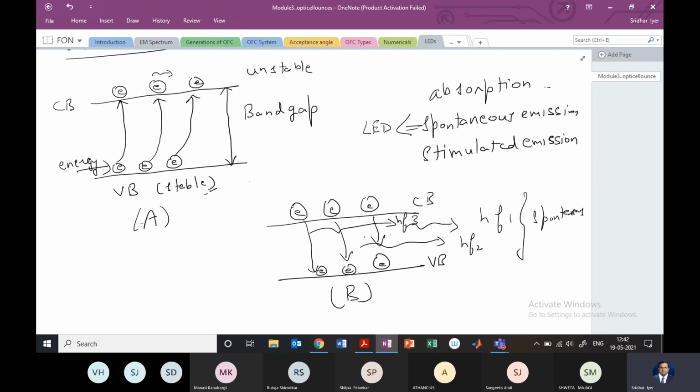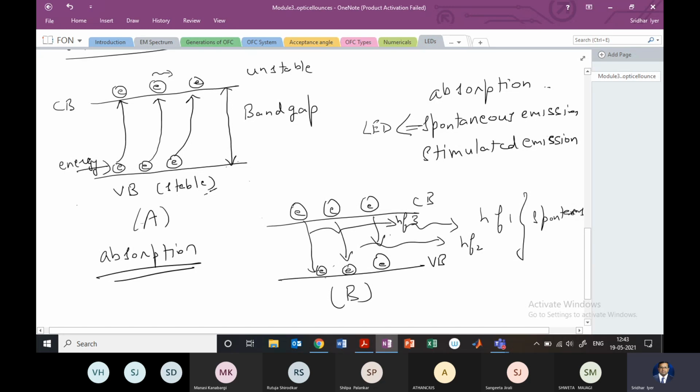But please keep in mind that we are not supplying any energy or anything in the case of spontaneous emission, right? So diagram A is known as absorption. It is known as absorption because the electrons in the valence band are going to absorb some energy to move to the conduction band.